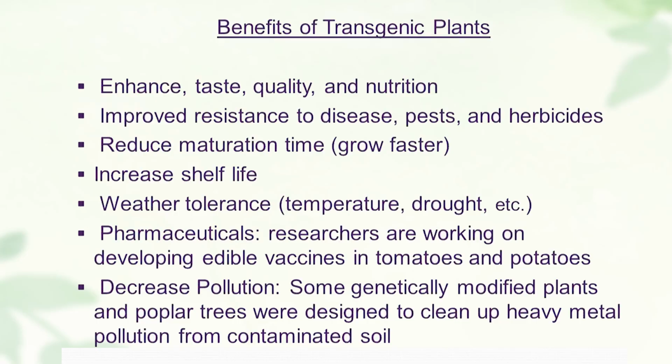If we see the safety and regulation of transgenic plants: safety assessment, government regulatory agencies, international regulations, and labeling and traceability. Now, what are the benefits of transgenic plants? Increased crop productivity, reduced pesticide use, enhanced nutritional content, and sustainable agriculture.